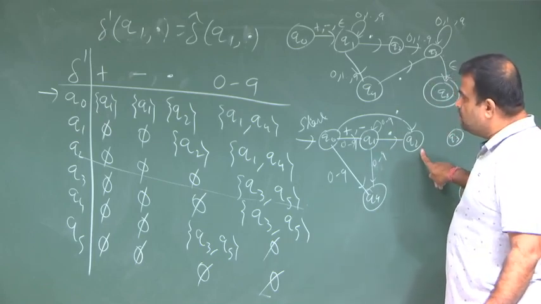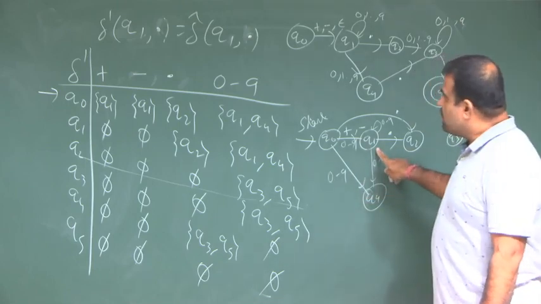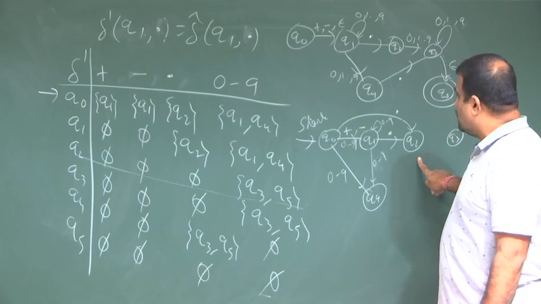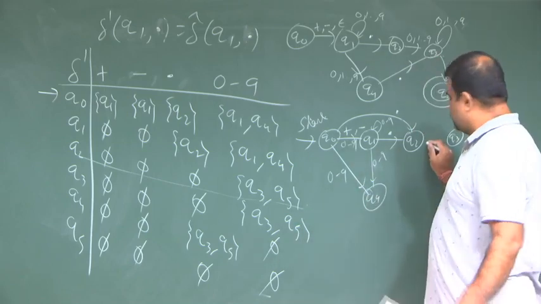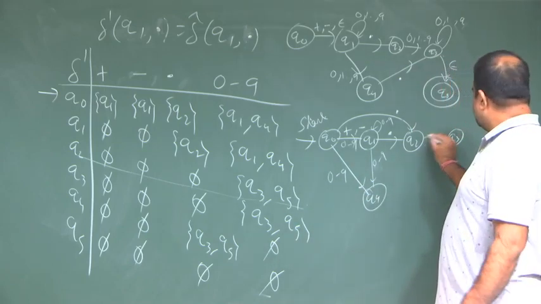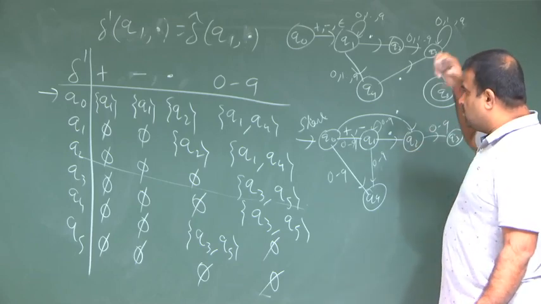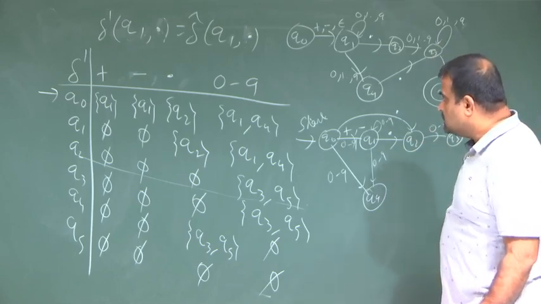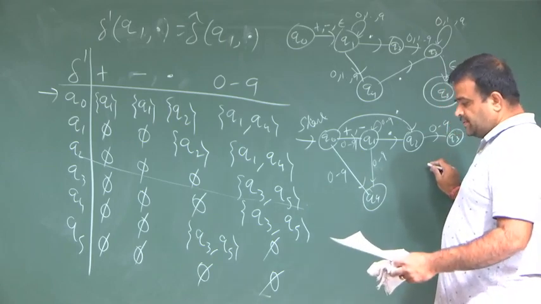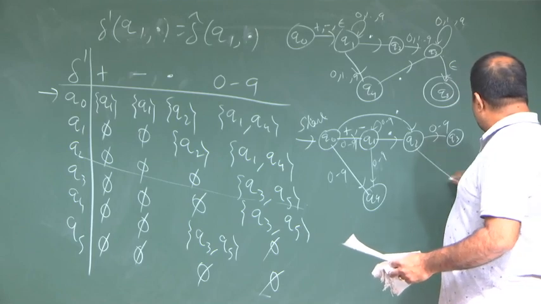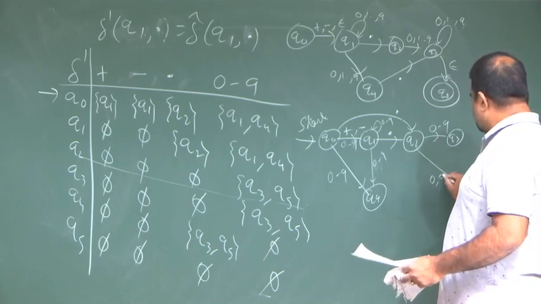So this is Q2. From Q2 we can go to Q3 and Q5. To Q3 we can go with 0 to 9, and from Q2 we can go to Q5 also with 0 to 9.